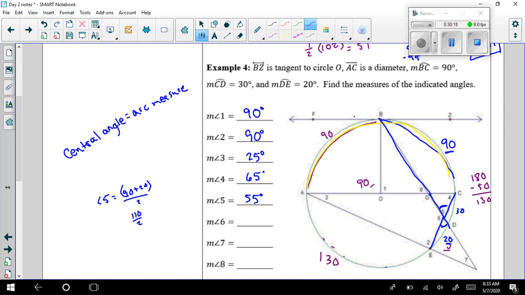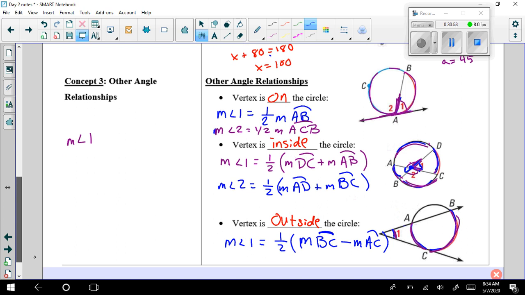Measure of angle 6, we could do the same thing with our arcs, but it's also supplementary with angle 5 because those are a linear pair. And so we can just do 180 minus 55. Because they're a linear pair, and we get 125. Angle 7, and you don't always have to go in order here, just going in order. Angle 7 is outside of your circle, so again, you can always go back and look at your rules.